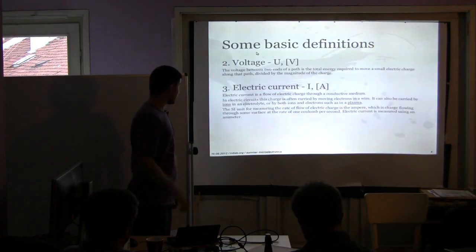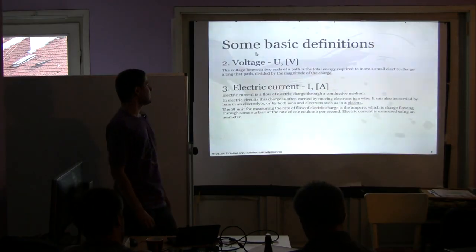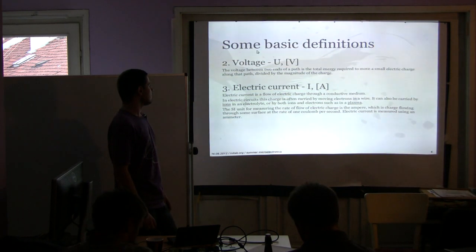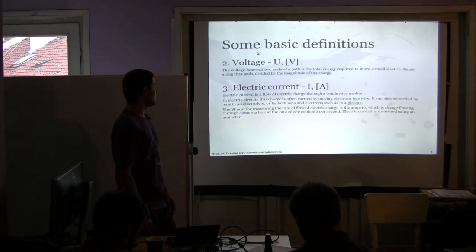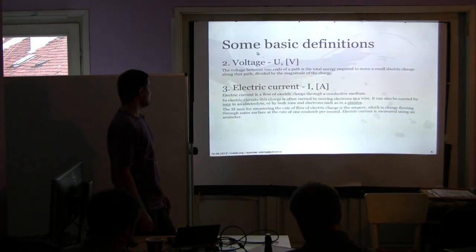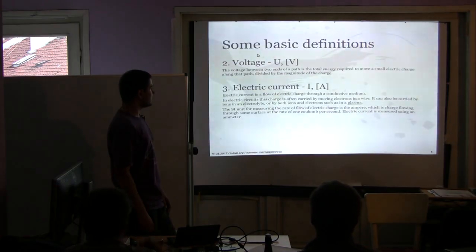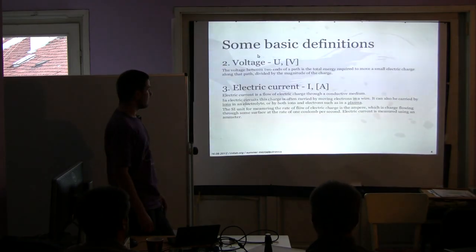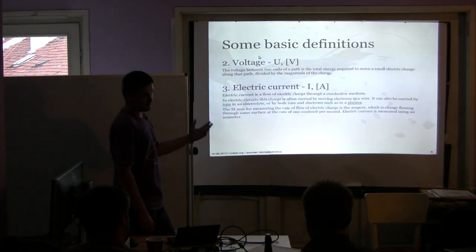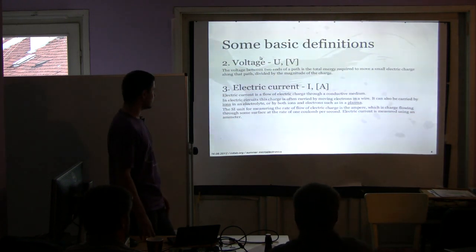So the electric current is a flow of electric charge through a conductive medium. This is understandable. In an electric circuit, this charge is often carried by moving electrons in a wire or some medium. It can also be carried by ions in an electrolyte, or by both ions and electrons as in a plasma. The SI unit for measuring the rate of flow of electric charge is the ampere, which is charge flowing through some surface.